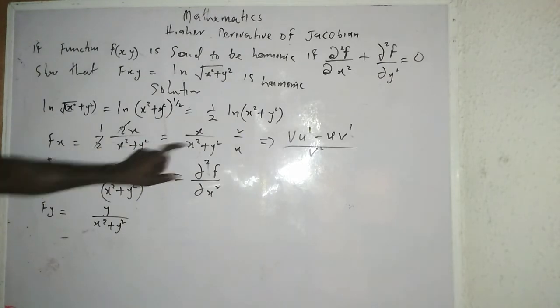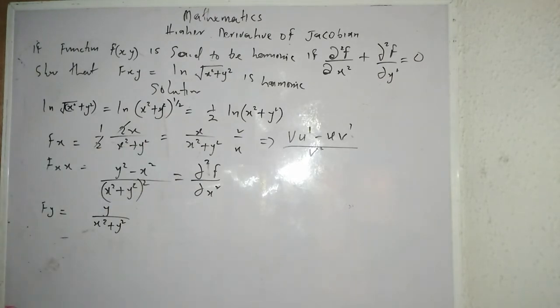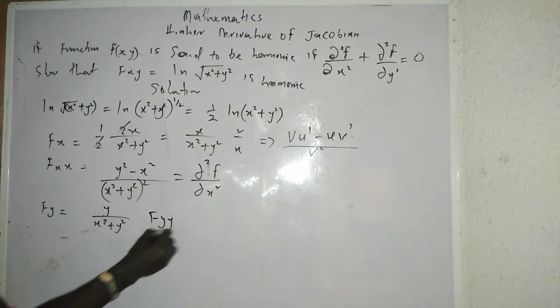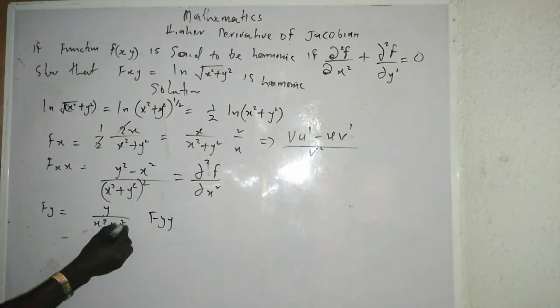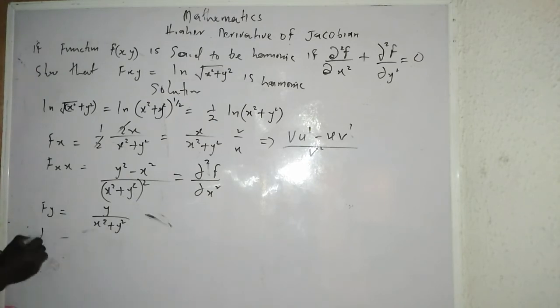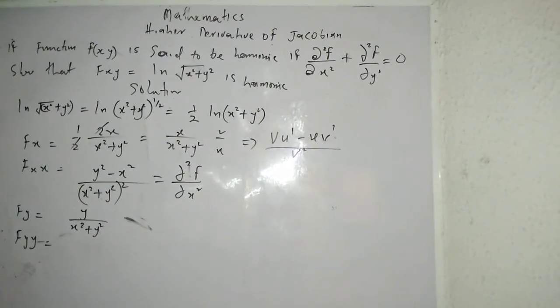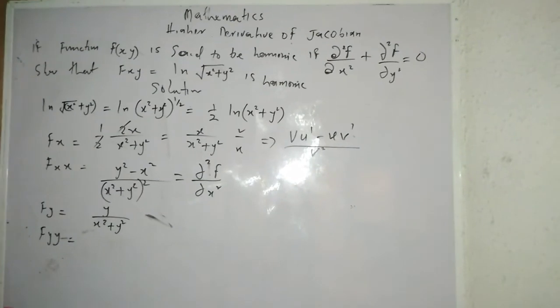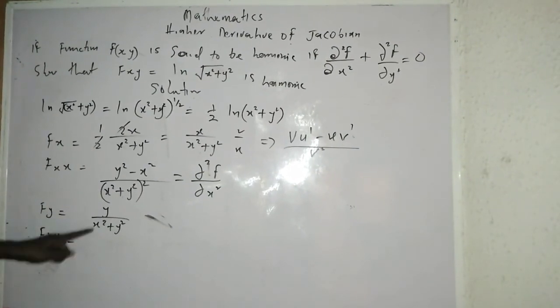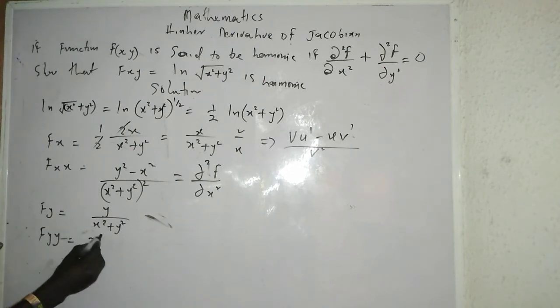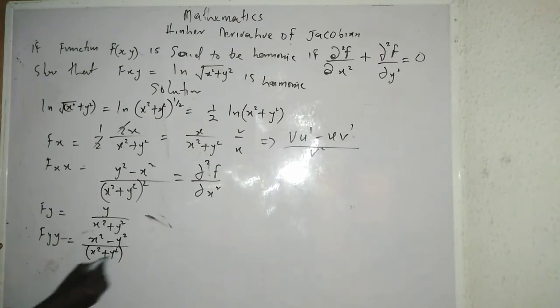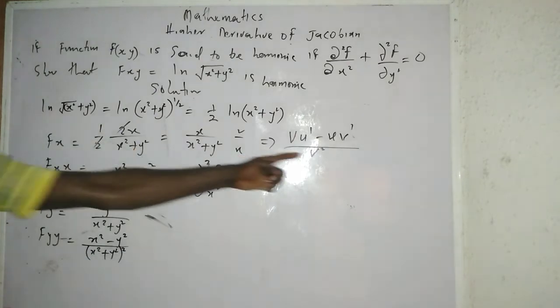Now, if I should go again, my f of y, y will be equal to x squared minus y squared divided by (x squared plus y squared) all squared, with our quotient rule.